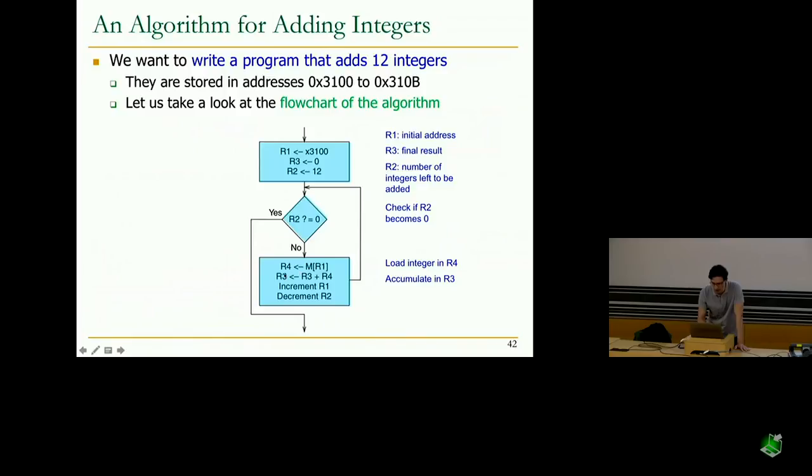We accumulate in R3, so this is R3 equals R3 plus R4, and then we increment the address R1 because we want to go to the next integer, and we decrement the counter, right? So right after that, we jump here and we again check if this was the last of the 12 integers or not.